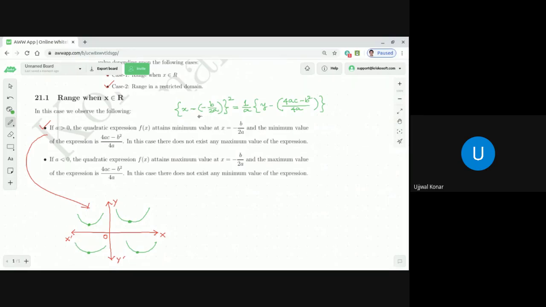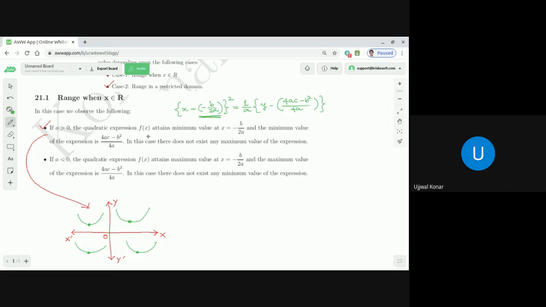Why minus b by 2a? This minus b by 2a is the x coordinate of the vertex, no? So that is why this statement is mentioned. If a is greater than 0, the quadratic expression f(x) attains minimum value at x equal to minus b by 2a, and the minimum value of the expression is (4ac minus b²) by 4a.